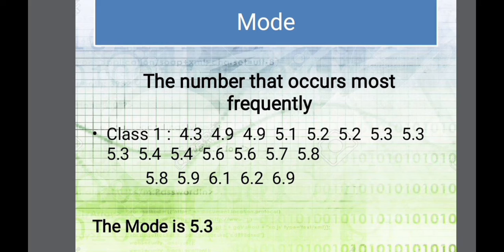The total number is 20, and the mode is 5.3 because 5.3 occurs most frequently.